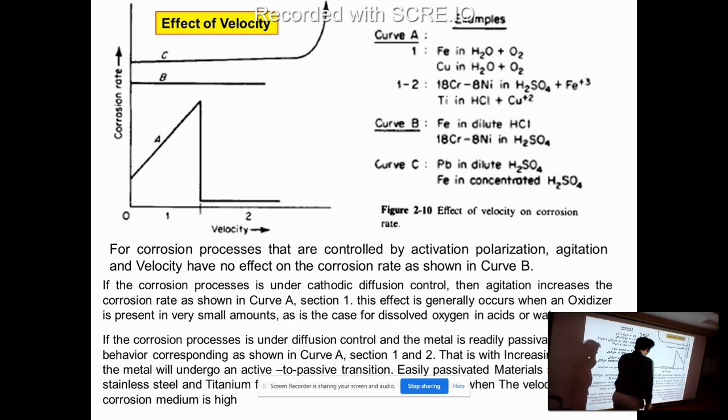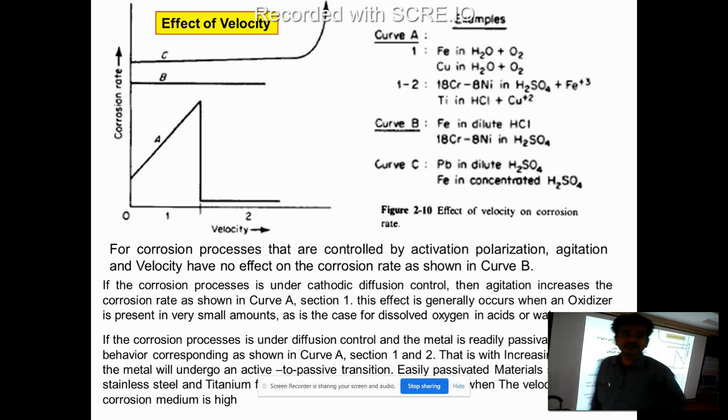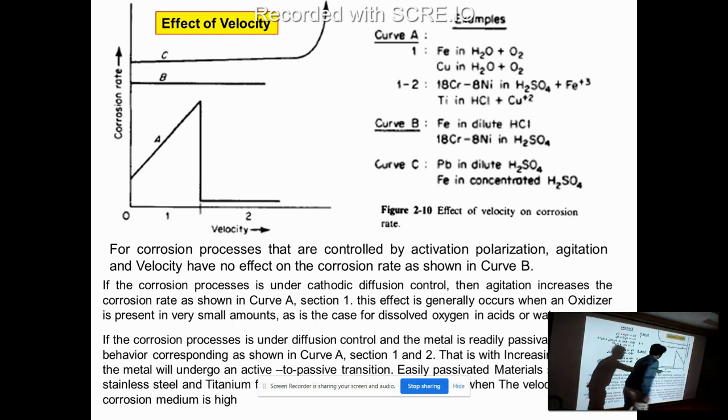So look at curve B. For corrosion processes controlled by activation polarization, agitation and velocity have no effect on the corrosion rate, as shown in curve B. Even though I am increasing the velocities, under activation polarization mode it will not affect, so it is stagnant.